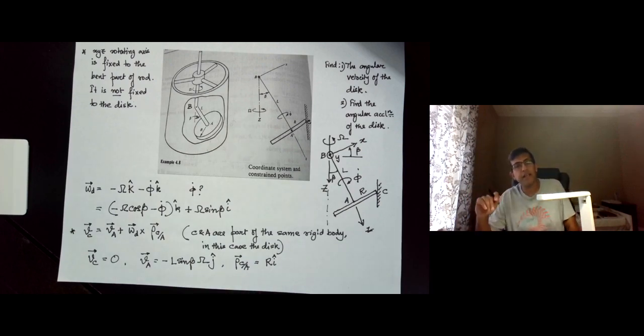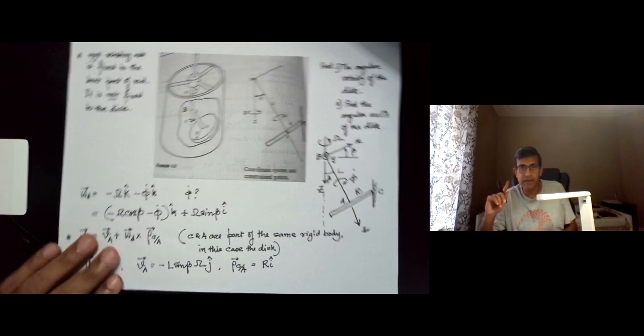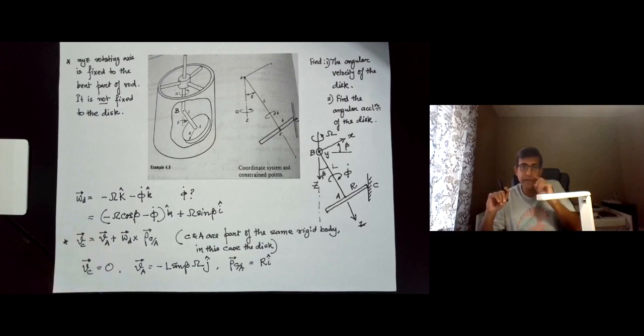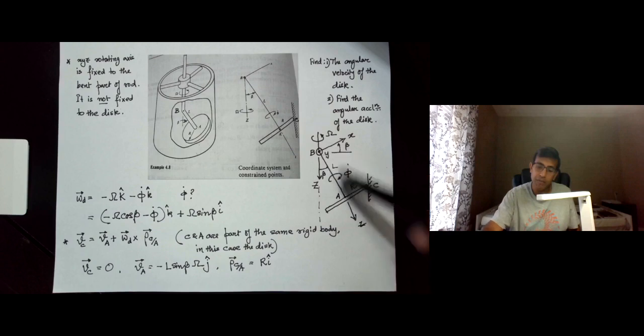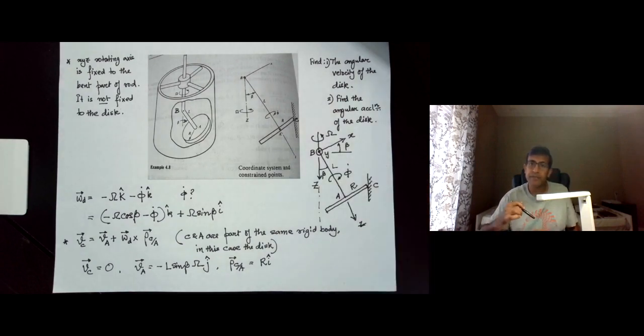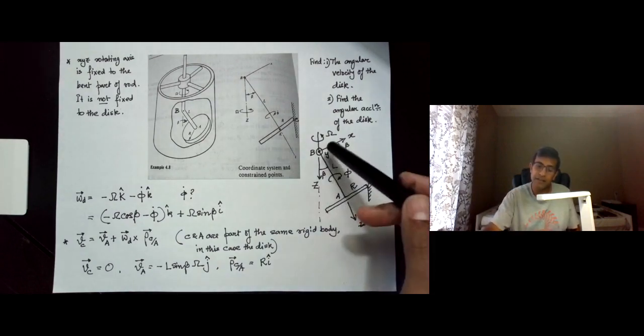So let us say that our rotating reference frame, we are now referring to the rotating reference frame, not the triad, is not fixed to the disk, but rather it is fixed to the bent part of the rod. So it is fixed to BA. Okay, it is not fixed to the disk, it is fixed to BA.